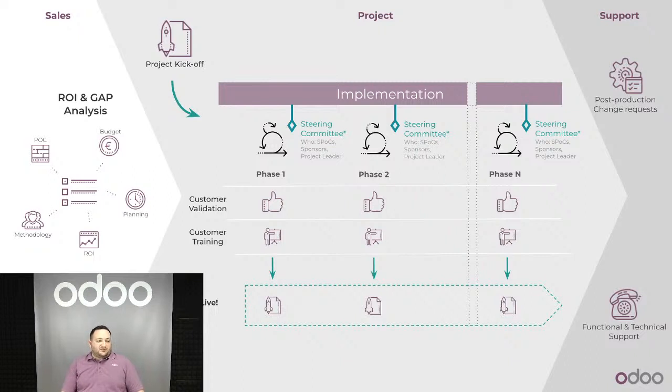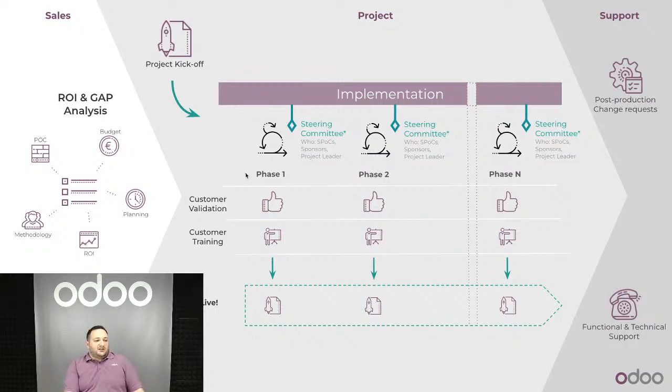So to look at it from a more graphical way, let's see if I can point here. Okay, so ROI and gap analysis happens at the beginning of the project, or before the project if it's a large or complex project. And then we do the phases of implementation. We kind of cut it into different phases depending on the flows. So let's say a customer has a commercial cycle, and then they have their e-business cycle, and then they have their manufacturing cycles.